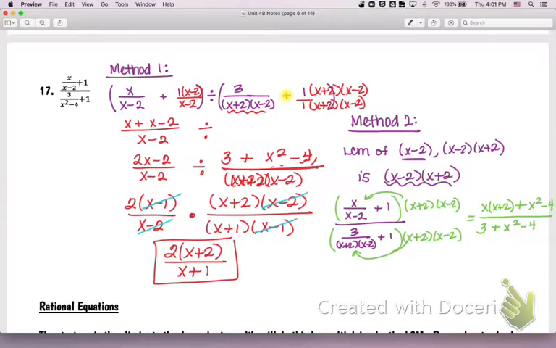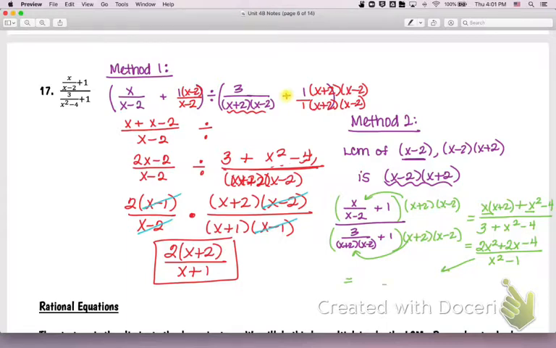Okay, so let's combine this stuff together. X squared plus 2x is what we get there. So we're going to have 2x squared plus x squared, and then 2x, there's nothing to combine with, so plus 2x minus 4 over x squared minus 1. We're almost there. We just need to factor this stuff. Let me come over here where you can see it.